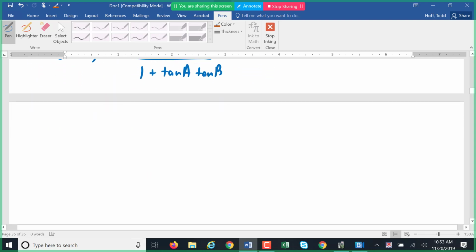For example, we might find the cosine of 75 degrees. Well, the cosine of 75 degrees, I've got a couple of different ways I can express it. One way I'm going to express it first as the cosine of 45 plus 30. So this is an angle addition.